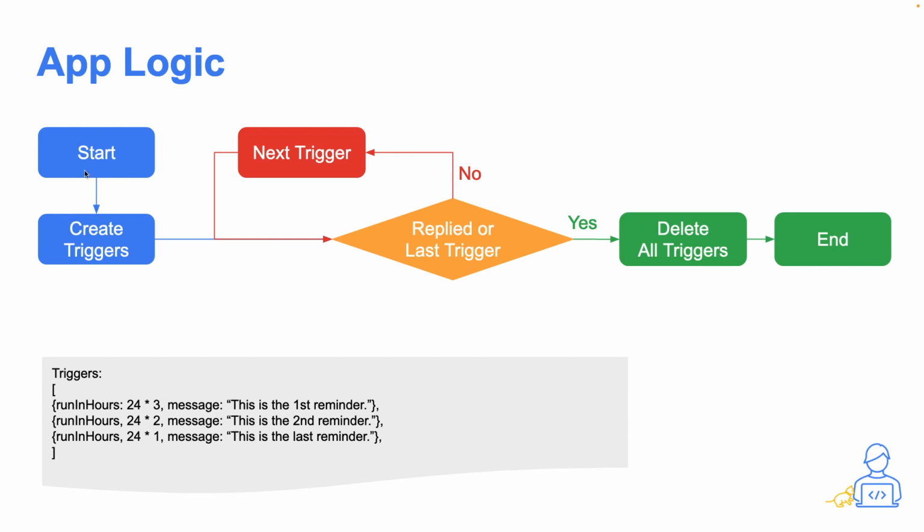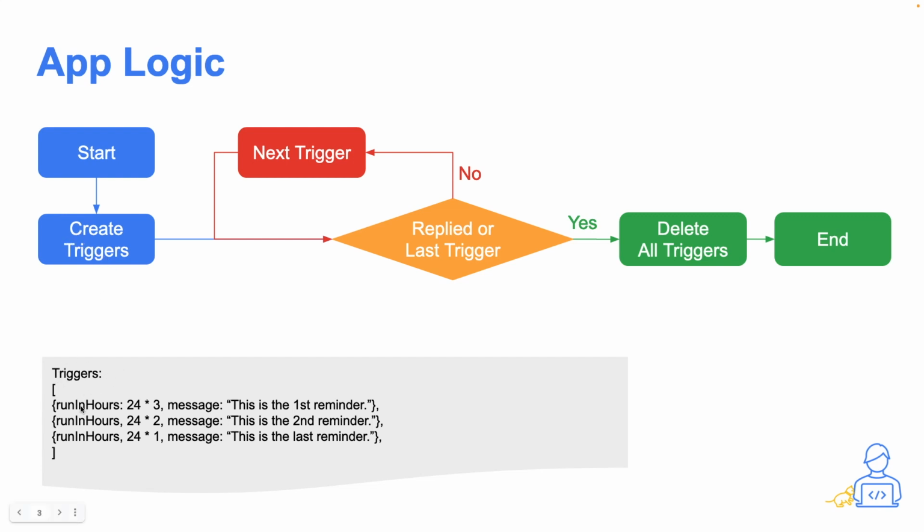All right, here is a flow here. So basically, if you start to follow up a thread, that is a start, and you need to provide some triggers or some reminders for that thread. So like this one, like this example. So following all of these triggers in this list, the script is going to create all the triggers for these reminders.